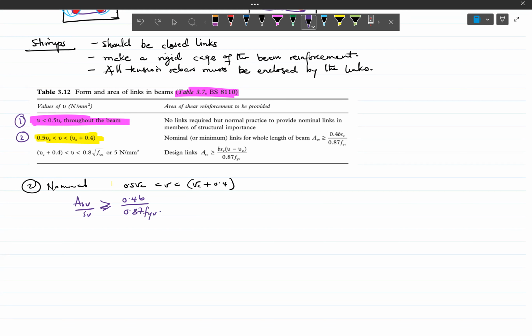It's the same thing as written over here, but I just prefer it to be written in this form most of the time.